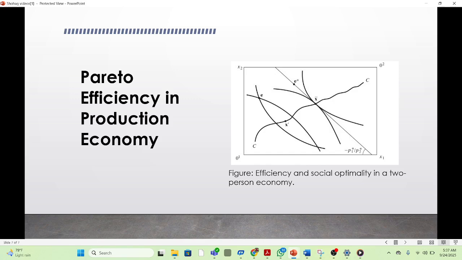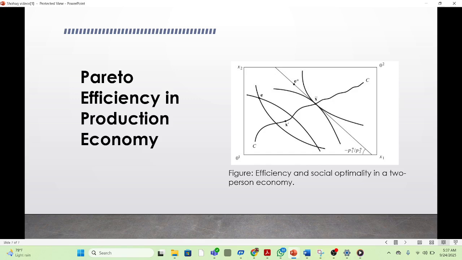In a production economy, Pareto efficiency means that reallocating inputs like labor, capital, and land, or output goods, cannot make one firm or individual better off without making others worse off.